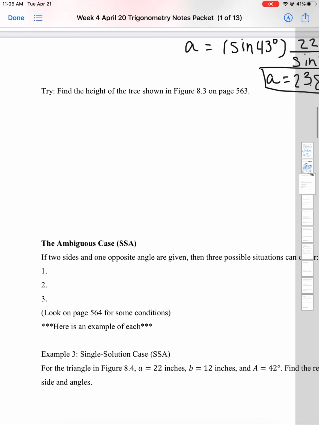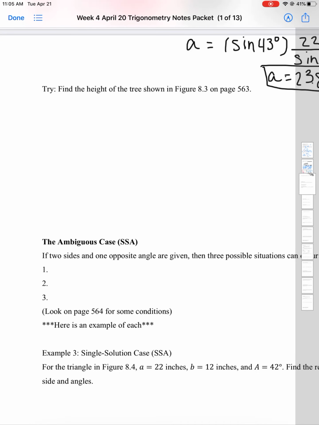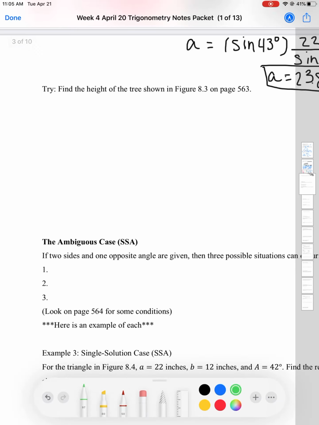Next we're trying to find the height of the tree shown on figure 8.3 on page 563. In that figure, we have a tree. I'm going to make the tree green. It seems to be leaning a little bit, and the reason I know it's leaning is because the ground is at a 96-degree angle, it says. Then we've got this triangle going on.